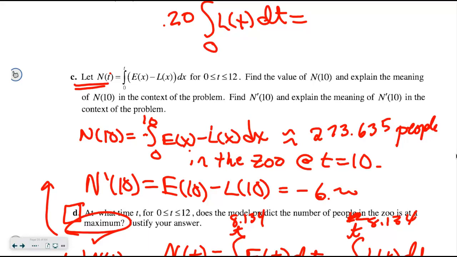Because now I had a people function and I took a derivative, so I'm back to people per hour at t equals 10. Okay, so my noun is the people in the zoo. I took its derivative, so the rate, right? The people in the zoo is changing at a rate of negative, or decreasing.